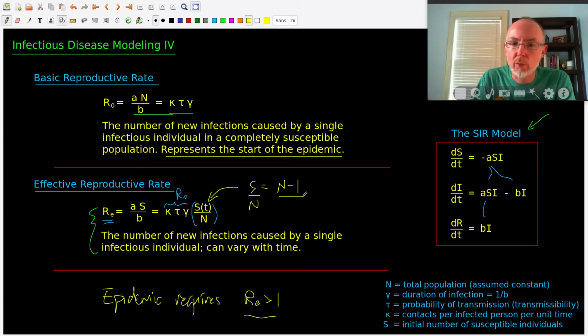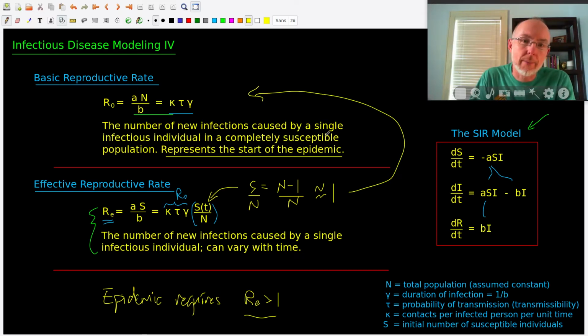So when you take that ratio, if N is large enough, that's pretty much 1, right? And if the quantity in this bracket, N minus 1 over N, is 1, as long as N's big enough, then this effective value at the beginning is equal to the basic reproductive rate.